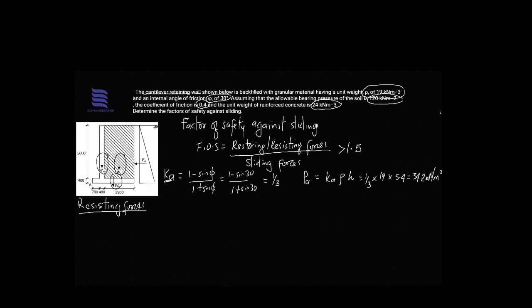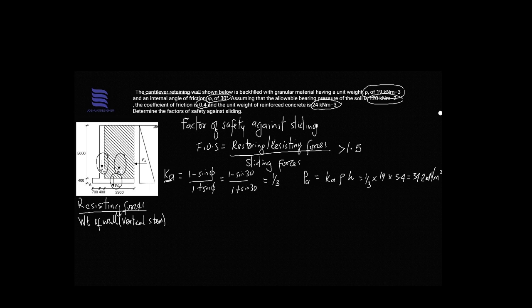Right. So first of all, the resisting or restoring forces will include the weight of the wall. I told you of the vertical stem. So this wall, we are considering it the vertical stem. I explained the vertical stem in the last video, which is going to be this vertical part of your retaining wall element.